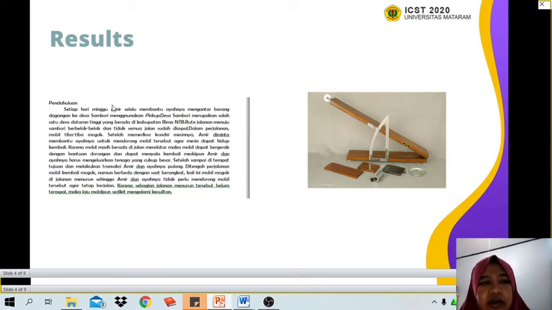Okay, this is an example of a case. In the first hour of learning, we take the case for the introduction of the learning. This is the case.